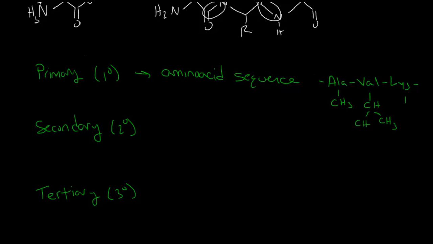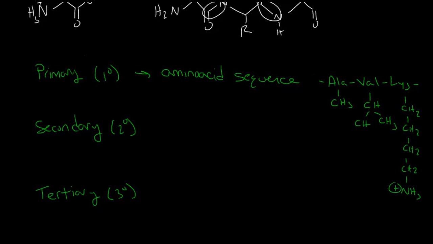The lysine has CH2, CH2, CH2, CH2, and then this NH3 hanging off down here. So when we talk about primary structure, we are talking about the amino acid sequence and the chemical and physical properties that are conferred to this polypeptide chain because of the side chains.